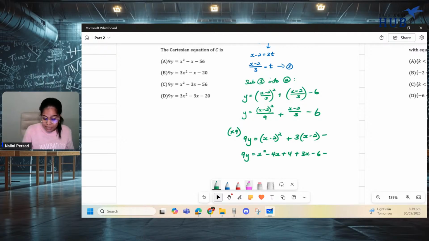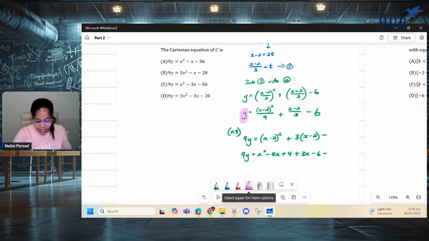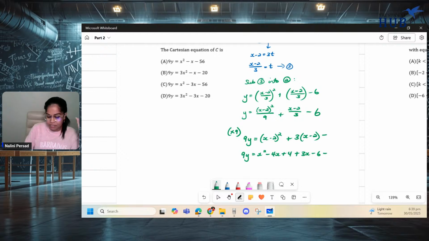So when you multiply by 9, make sure you multiply everything by 9. So y by 9 is 9y. Multiply this by 9, get rid of the fraction. Multiply this by 9, you multiply by 3. Multiply the 6 by 9. Thank you, Carl. So you're paying attention. 9 by 6, 54. So minus 6 minus 54.